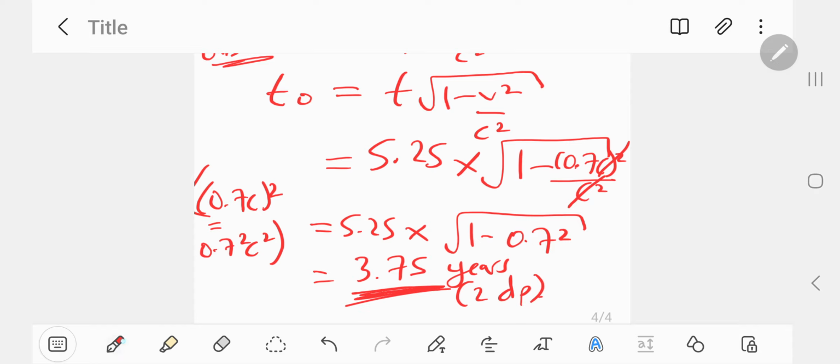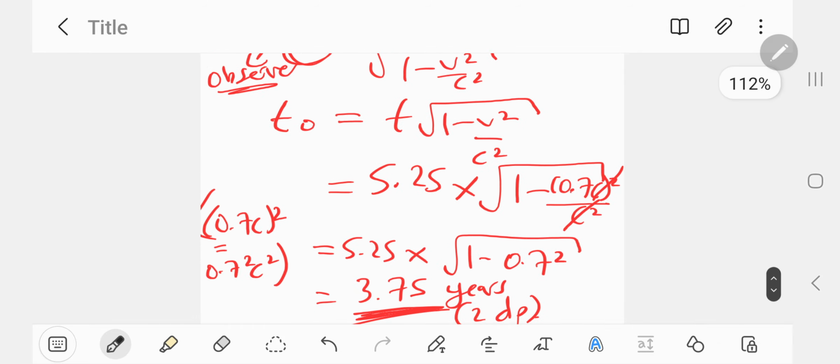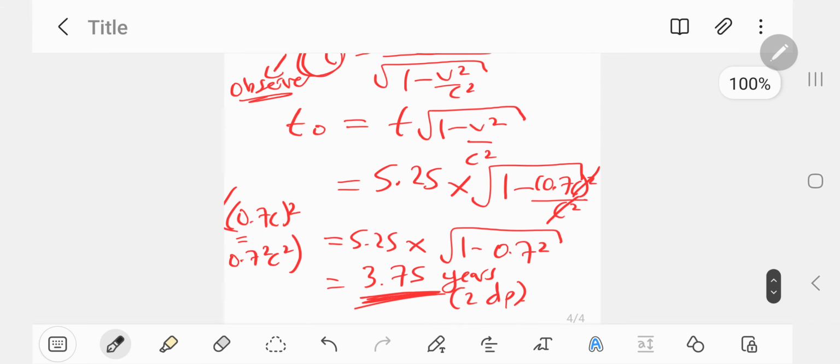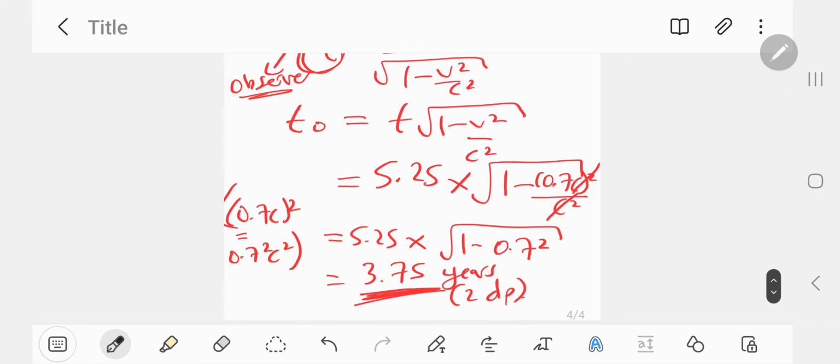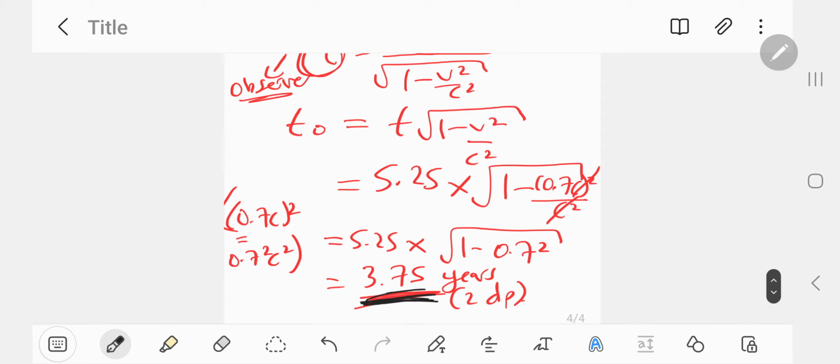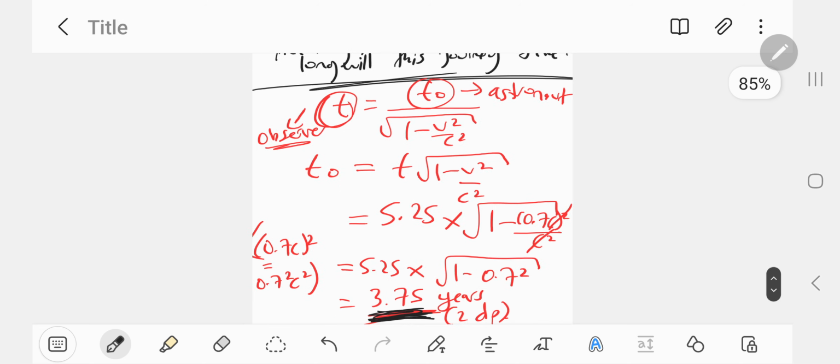Look at this number. Compare this number. So the astronaut will feel that the trip took 3.75 years. The person on the Earth, 5.25 years. That's time dilation. The faster you move, the slower time appears. Both observers, and it's very important to stress here in special relativity, are actually right, no one's wrong here.